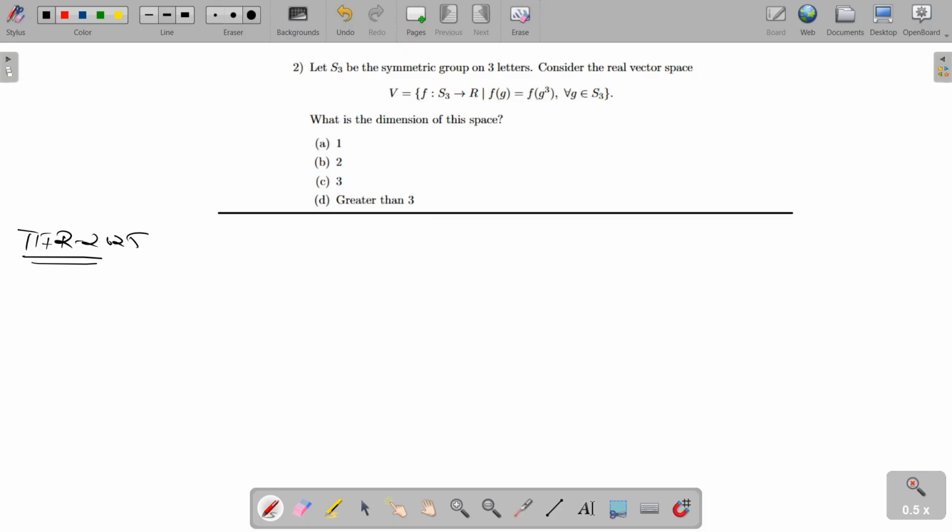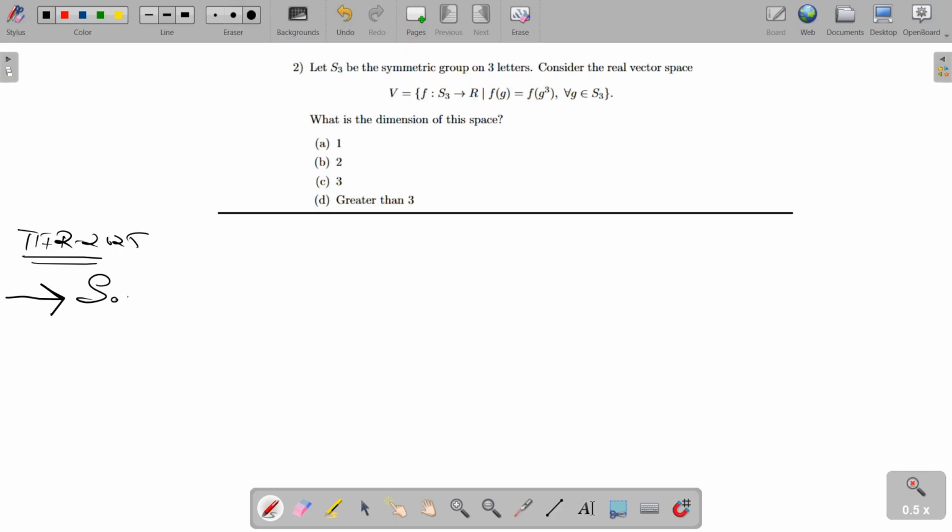When you see a vector space of functions from a particular set to another, here R being a real vector space, let us go through a basic fact.